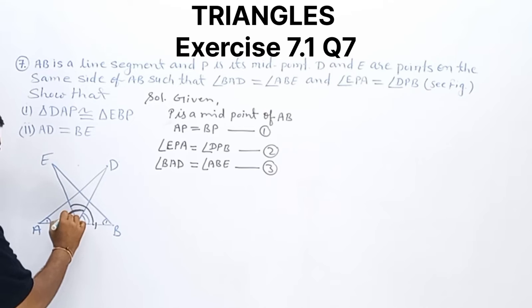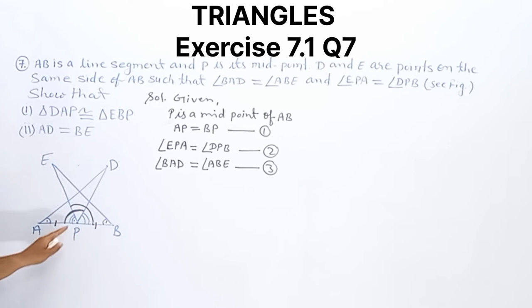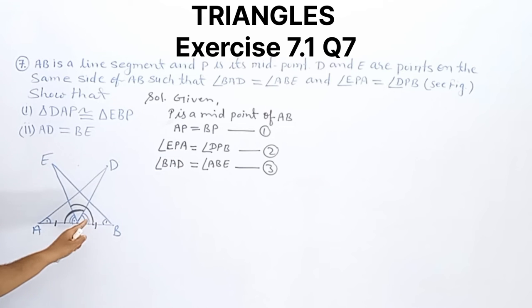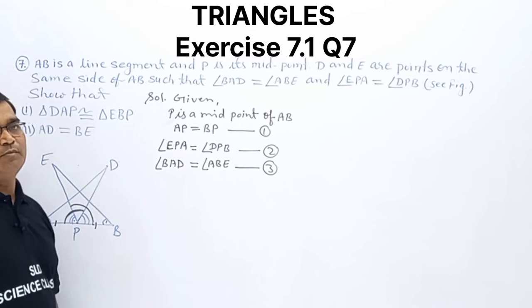So how will we equate these two? Once we add, we are having this angle and this angle, where this one is EPA and this one is DPB in equation number 2.